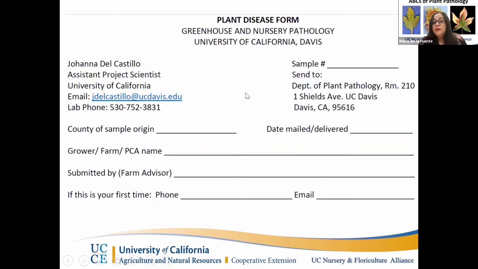And then when you go there, you will go lower in the page and you will find the form for samples for plant pathology, where they will ask you in which county you are, et cetera, what you are growing. Sometimes if you bring it to your farm advisor, the farm advisor is the one that mails it to Joanna.